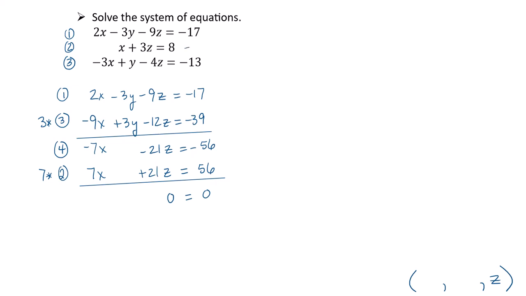So let's go up to equation 2. Equation 2 says that x plus 3z equals 8. And so I know that x is going to be 8 minus 3z. So x is 8 minus 3z. Now we need to figure out what the y is.